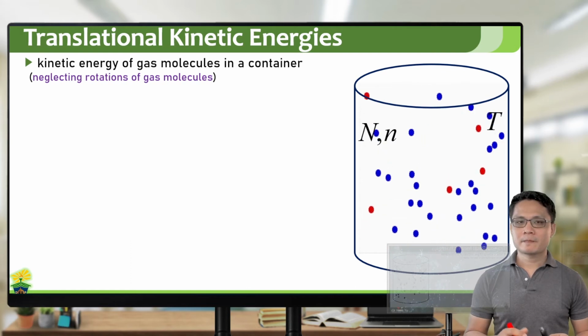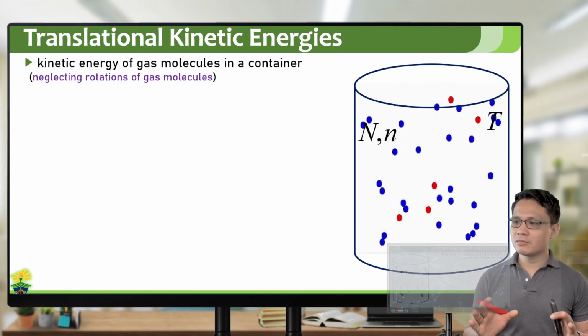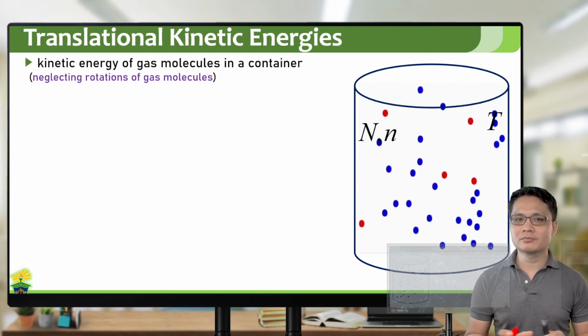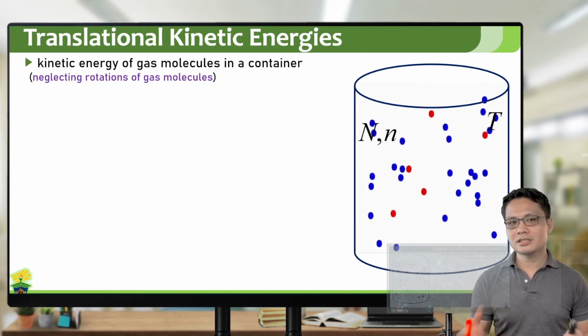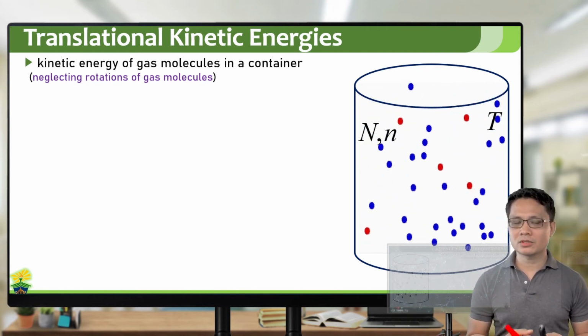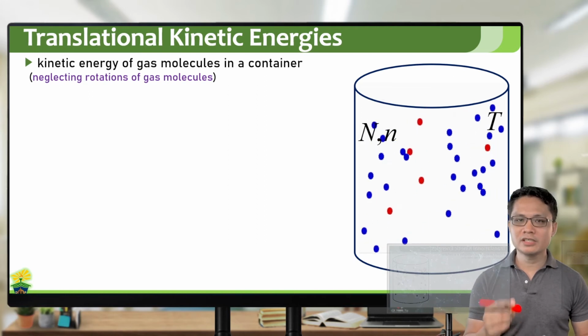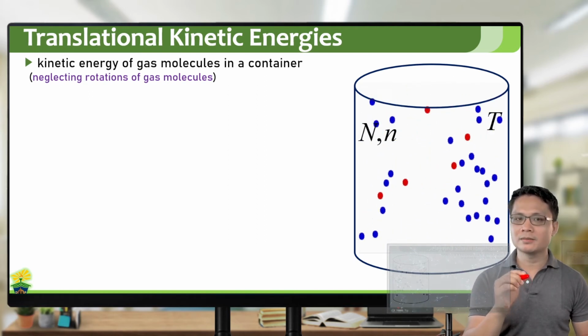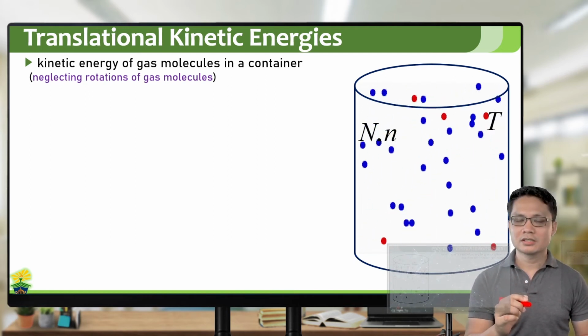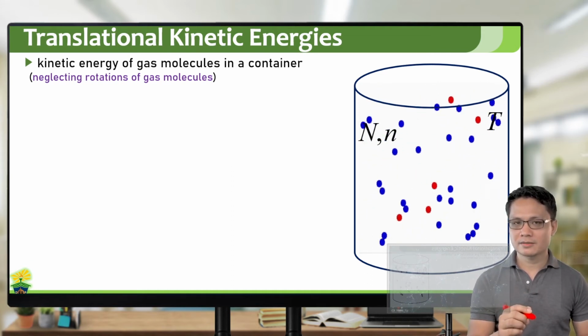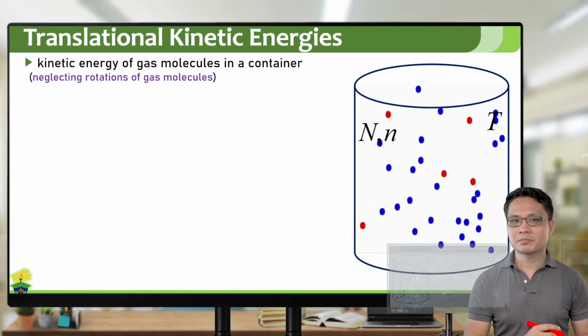And since this motion is highly randomized, statistically, it is customary to assume that instead of dealing with individual velocities, we average the velocities of these particles.